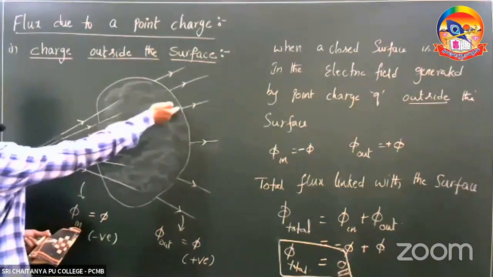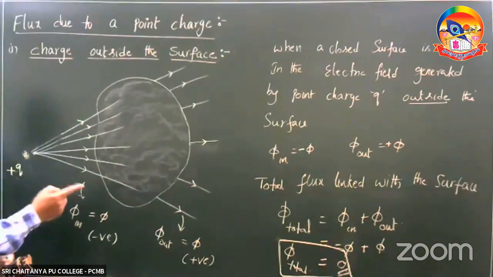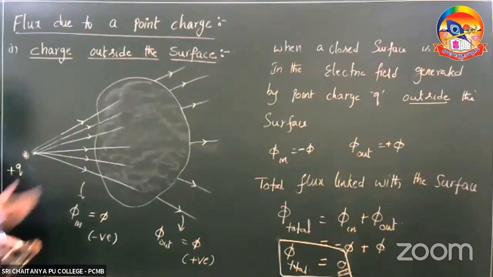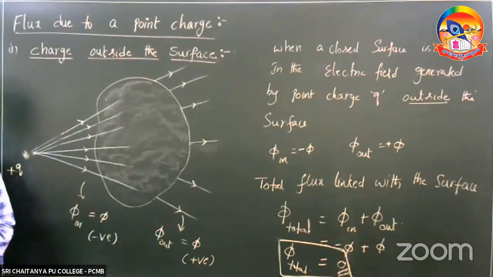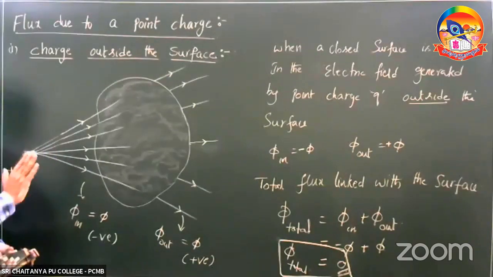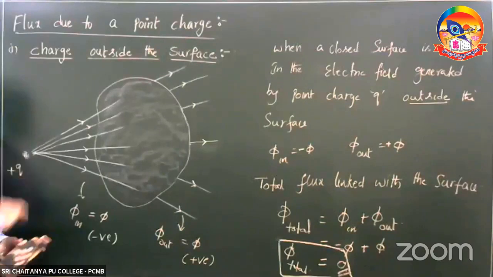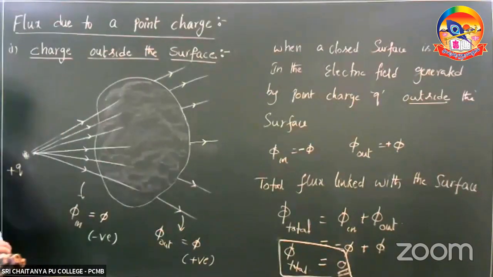If I take this closed surface as a sphere, is there any change in that value? Nothing. If I take it in the form of a cube, is there any change in the total flux? Nothing. Whatever may be the shape of the closed surface, when the charge is outside, the flux through that closed surface due to this charge is zero.